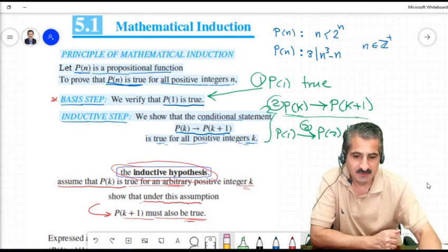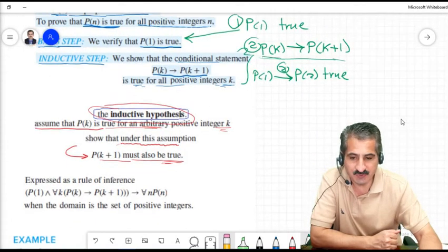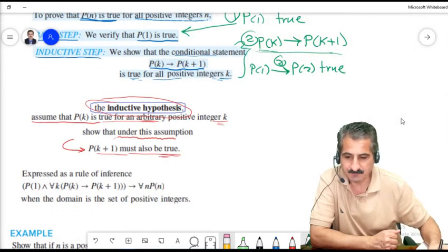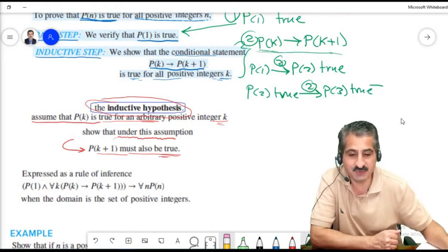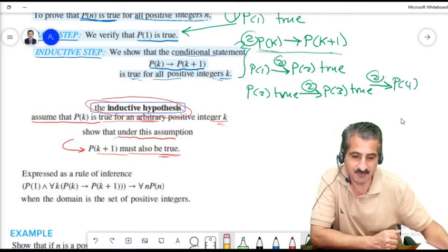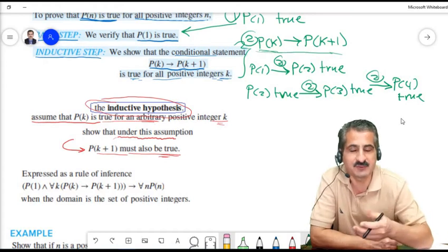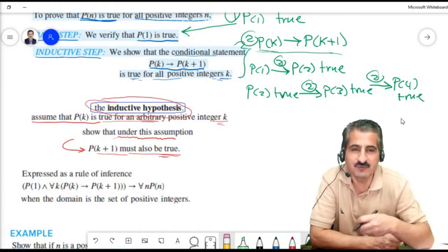Now, P(2) is true, so using 2 again, we conclude that P(3) is true. And now having P(3) true, using part 2 again, we have P(4) true. And then P(5) is true, P(6) is true, and therefore P is true for any integer.